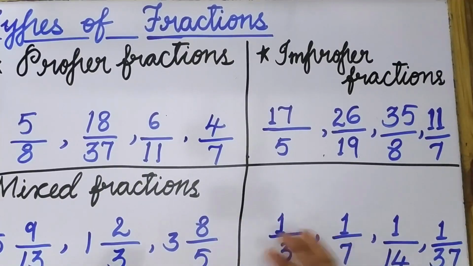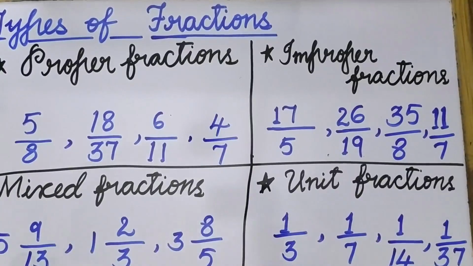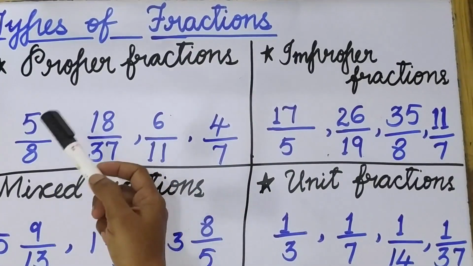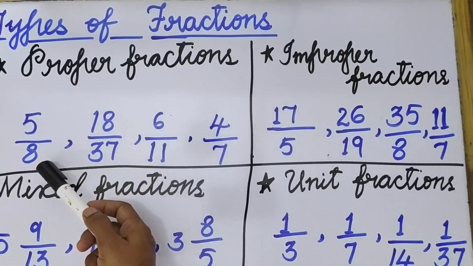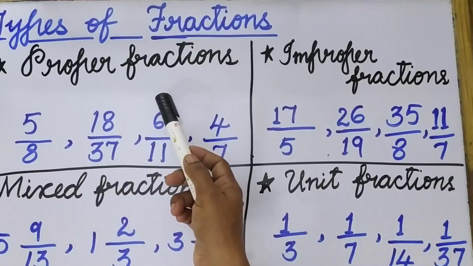Now see this. Here in these fractions, all the numerators are 1. When a fraction has 1 in the place of numerator, such fractions are called unit fractions. So a fraction with numerator smaller than denominator is a proper fraction.